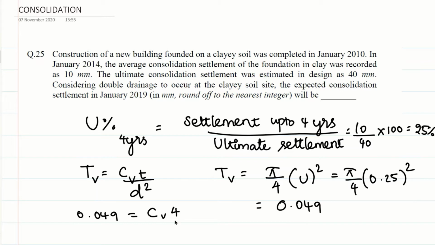So substitute 4 directly here divided by d square. That gives you ultimately Cv by d square is equal to 0.01225, right? So now you found out Cv by d square. So since you are going to calculate the consolidation settlement at the same clayey soil site, Cv by d square will not at all change.